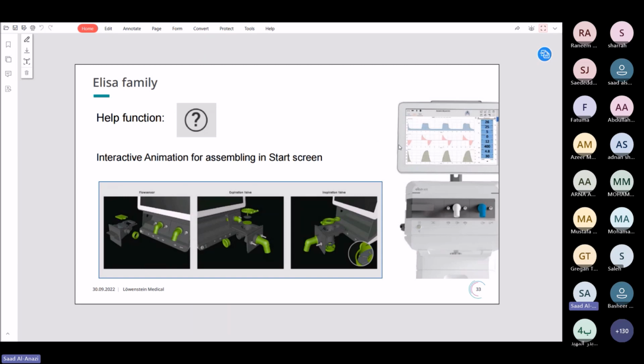Also, in the ELISA 800, as you see on the main screen on the right side, we have a great option. All the flow sensors, the expiratory valve membrane in the white circuit, and the inspiratory valve in the blue circuit, all these valves and the flow sensor are built in, so they are already inside the ventilator.